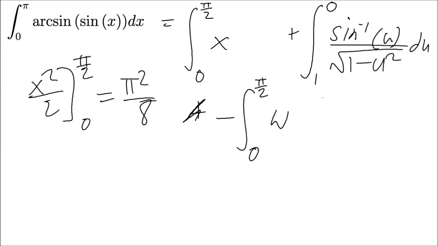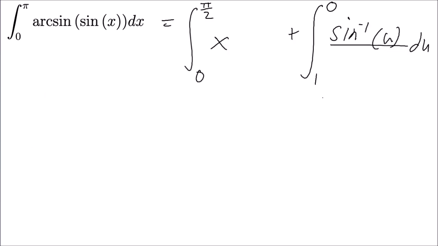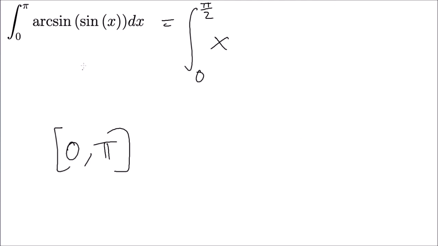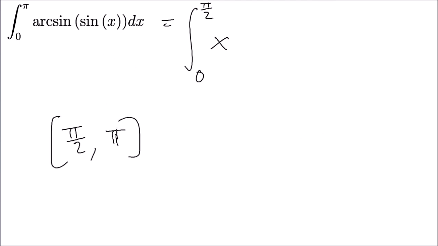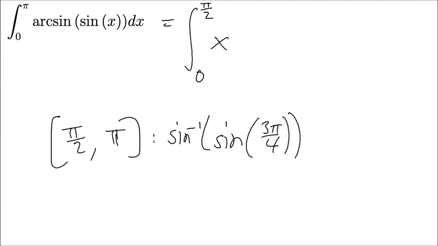So the reason it can't be 0 is that I don't want to force you to graph. From pi over 2 to pi, we have a problem. If I plug in anything, let's say 3 pi over 4, what is this equal to?